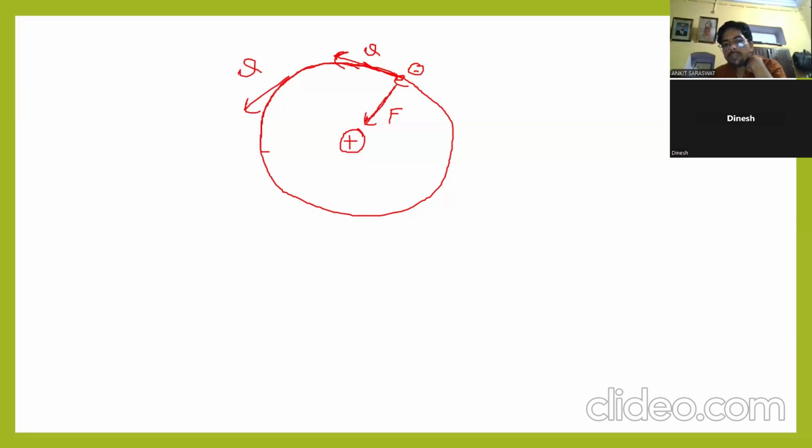The electrostatic force direction is towards the center, so it will provide the centripetal force. Because of the centripetal force, the angle between the velocity and r is 90 degrees. That is why it is moving in a circular path. Every orbit has some orbital velocity, you have learned. That is fixed. So I think this is clear.